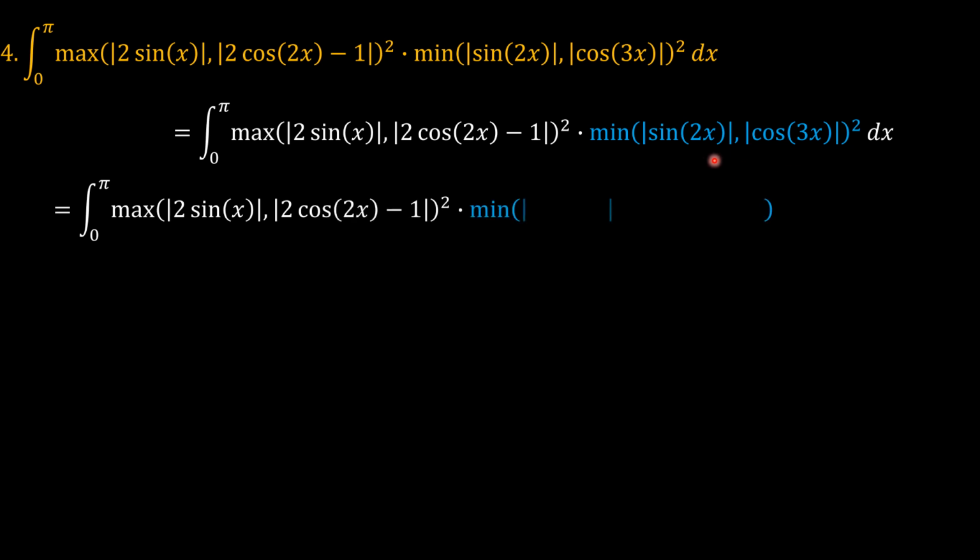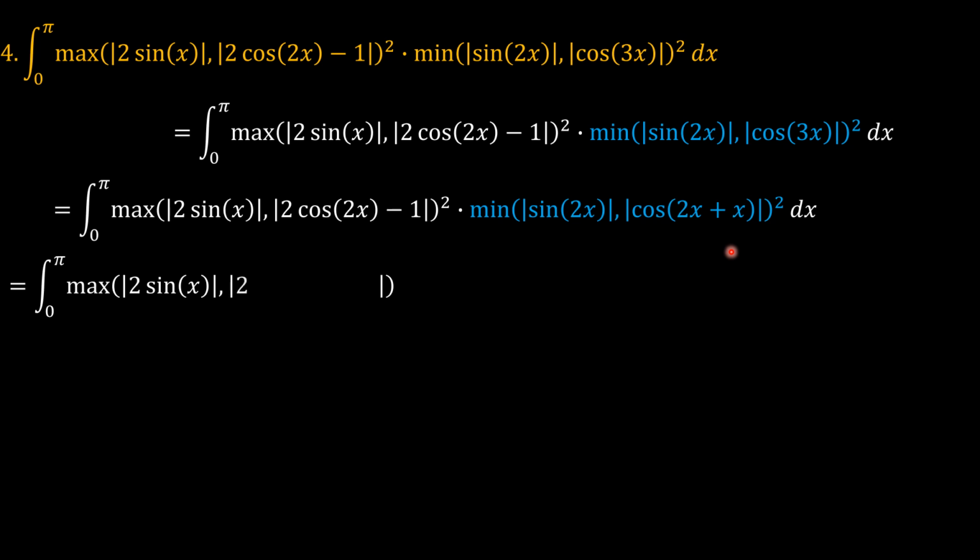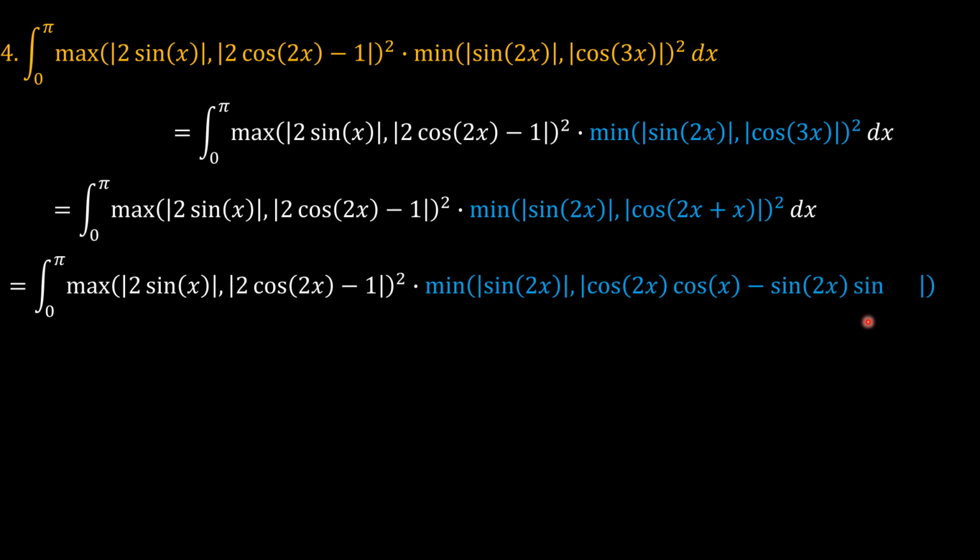And so using cosine a plus b equals cosine a cosine b minus sine a sine b, we're going to have cosine 2x cosine x minus sine 2x sine x. In the next line, in place of cosine of 2x plus x, we have cosine 2x cosine x minus sine 2x sine x.